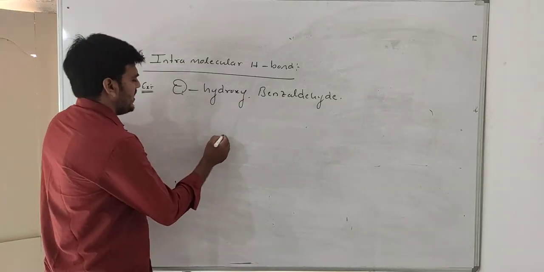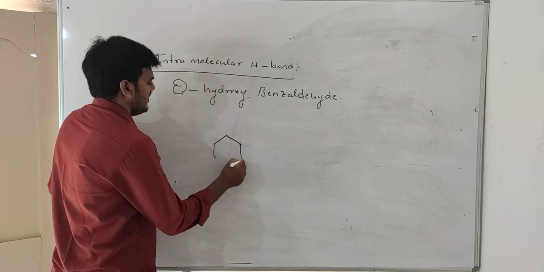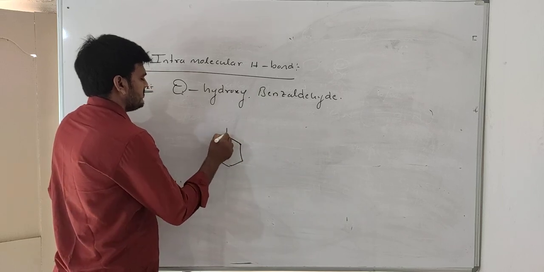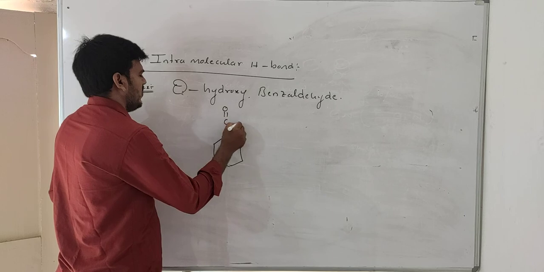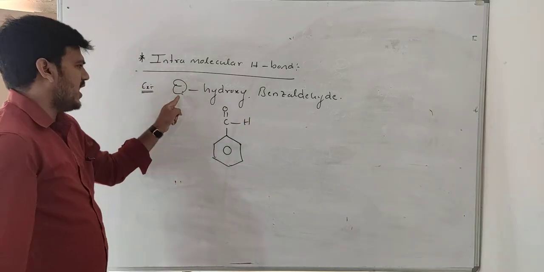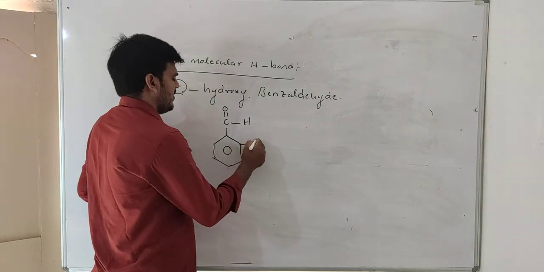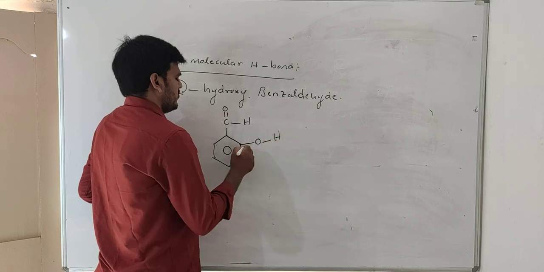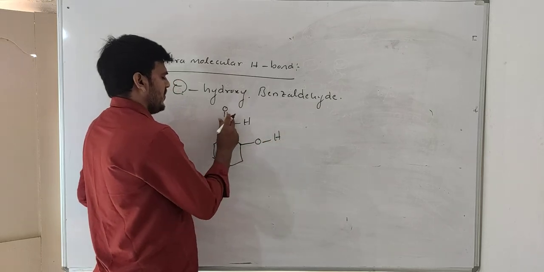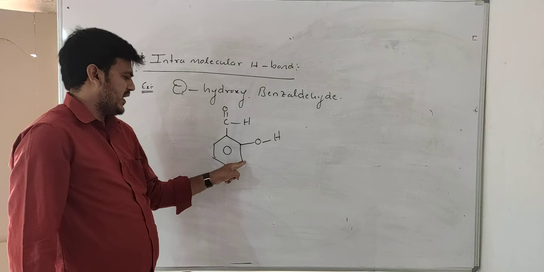First of all, benzaldehyde formula is C6H5CHO. Next, at the ortho position, the hydroxy group, formula OH. So ortho hydroxy benzaldehyde: ortho, meta, para.